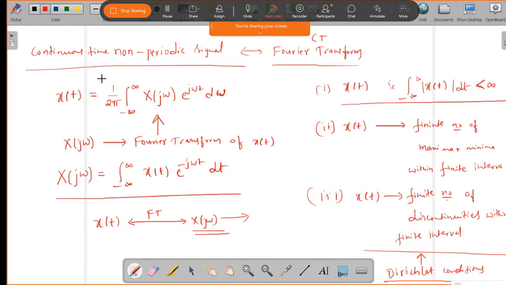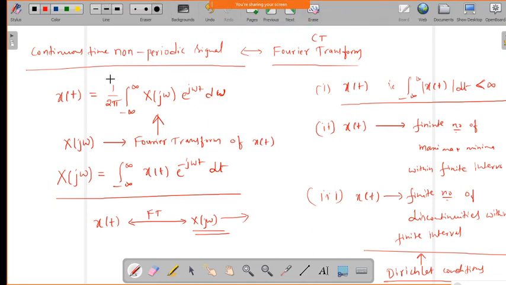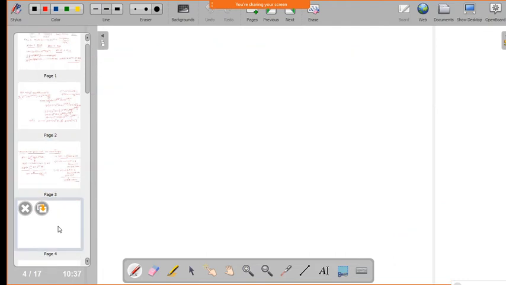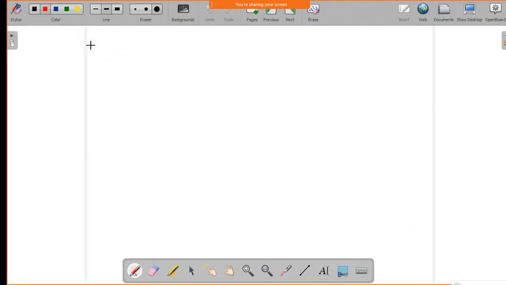So this is about the Fourier transform. Now like the DTFT, the Fourier transform also has a number of properties. The first one is the linearity property. The second one is the time shift.